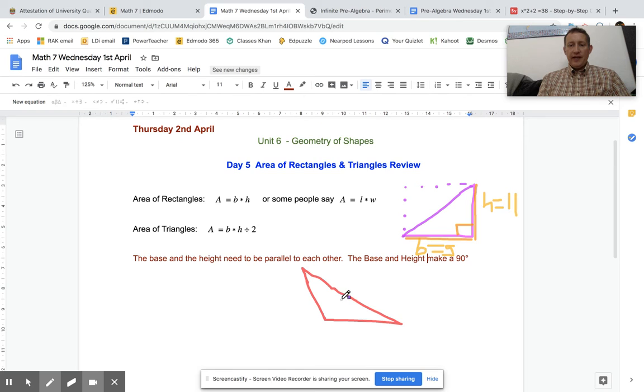Well, we could have the height go from here to there. And these are perpendicular to each other. So you could have this to be your base. I forgot what I said that was. Let's just call that 15 centimeters.